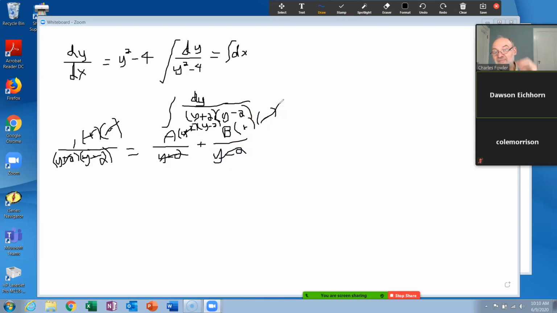So what have we just done? We have reduced a fractional equation into an equation with no fractions, and don't we like that? Okay? And on the left-hand side here, all you're left with is a 1, because everything else went out. And over here, you have a times y minus 2, whoa, that's ugly, plus b, I'll go in and fill in the blanks on this one too, y plus 2.